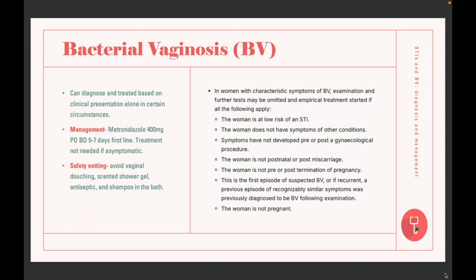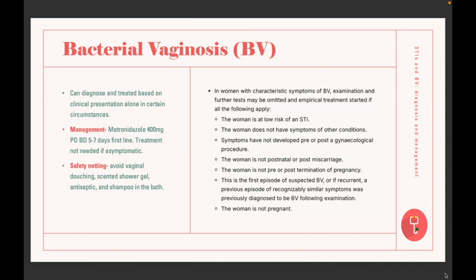If the patient is not postnatal or post-miscarriage, they shouldn't be pre or post termination of pregnancy. If this is the first episode of suspected BV, or if recurrent, a previous episode of recognisably similar symptoms. So basically, if this is a classic presentation of BV for that patient, then it's fine to diagnose based on clinical presentation.